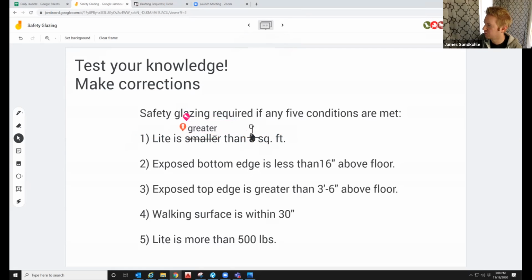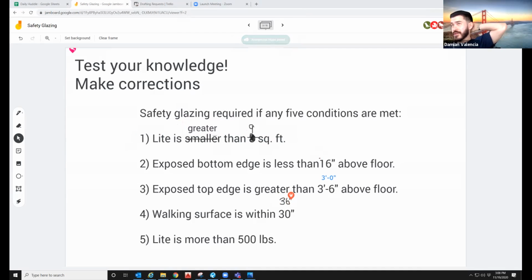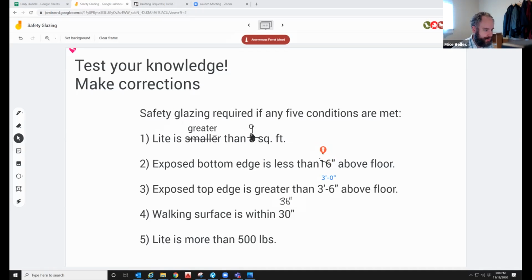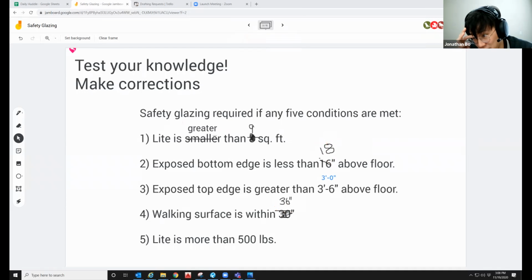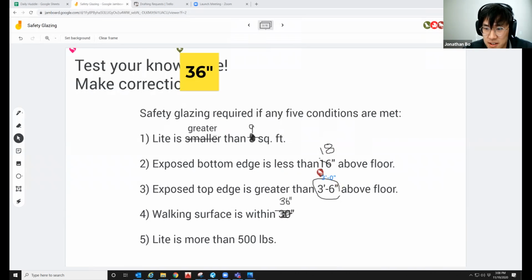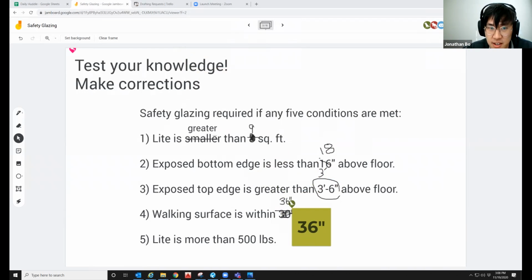Do you guys still need a few more minutes? It keeps signing me out every time I try to do something. Yeah, I can't hear you. So I'm doing my markup on Zoom there. Light is more than 500 pounds. I don't know why Jamboard's not playing nicely today.